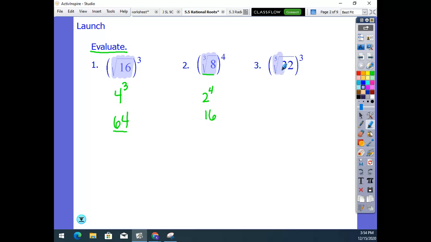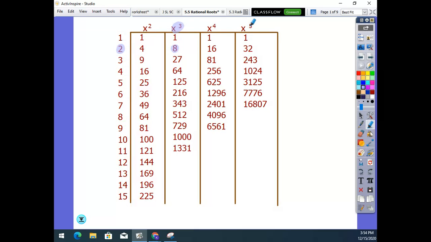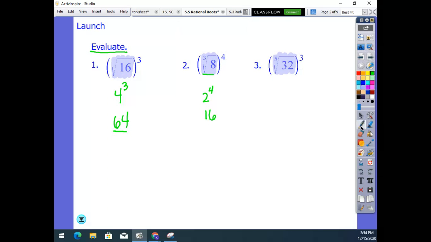We read this as the fifth root of 32. So the fifth root of 32 all the way over is also 2. And keeping the exponent on the outside, 2 to the third is 8.